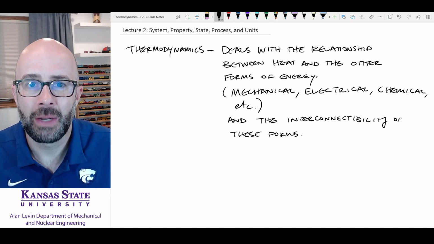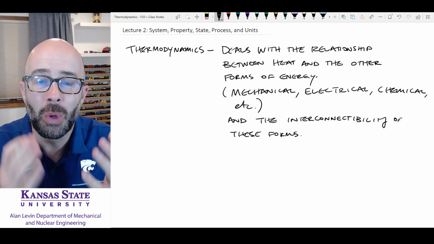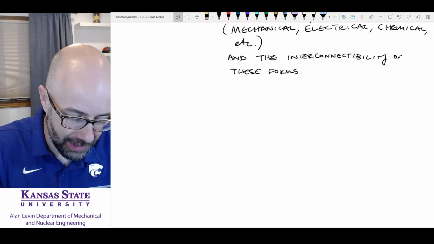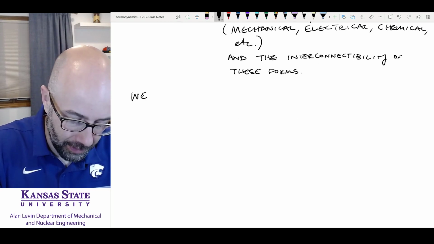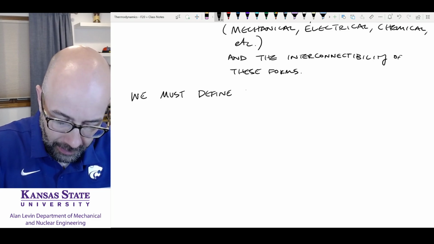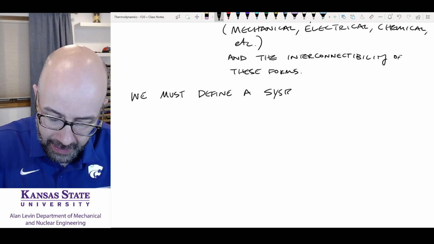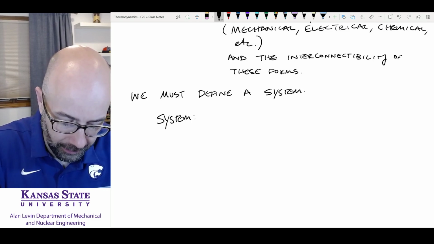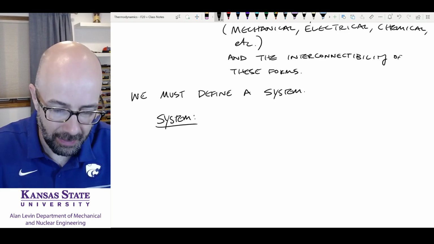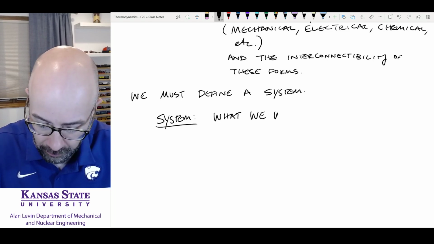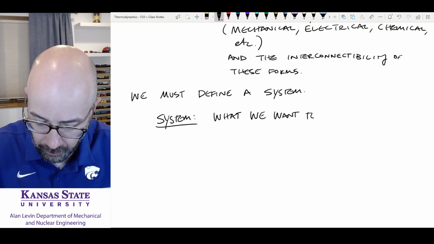Now, to start our study, probably the most important thing is we need to define our system. We must define a system. A system is basically what we want to study.